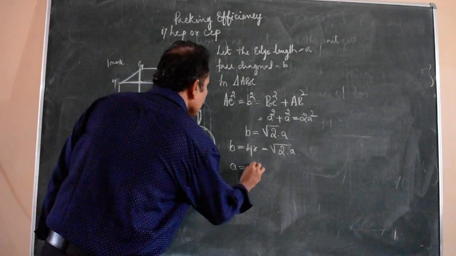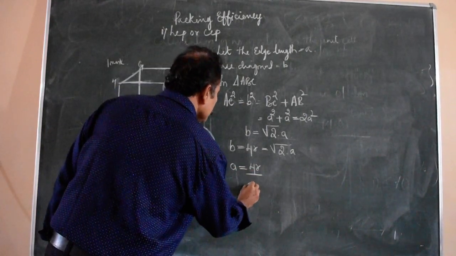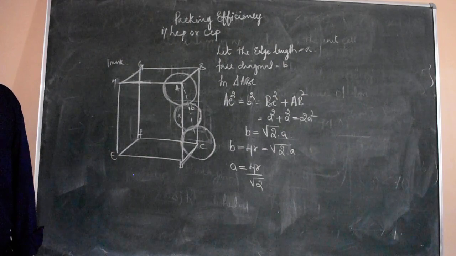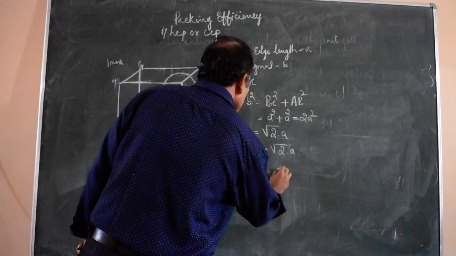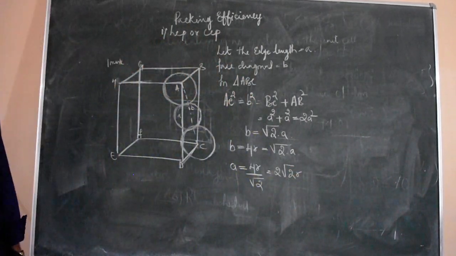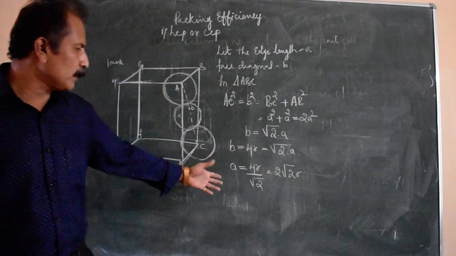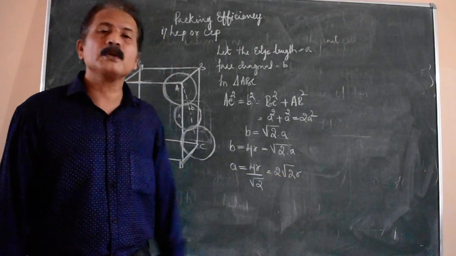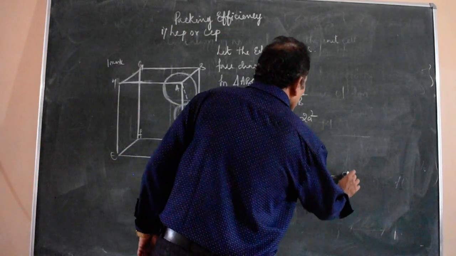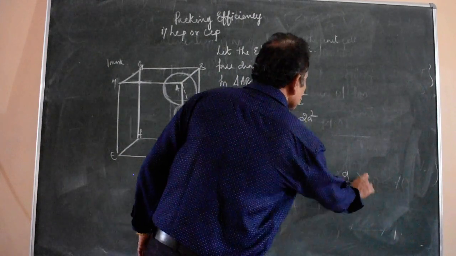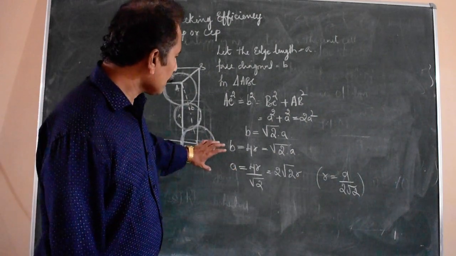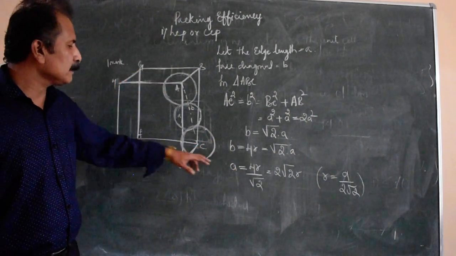A is equal to 4R by root 2, which you can write as 2 root 2 R. And if you want R, R is equal to A by 2 root 2.